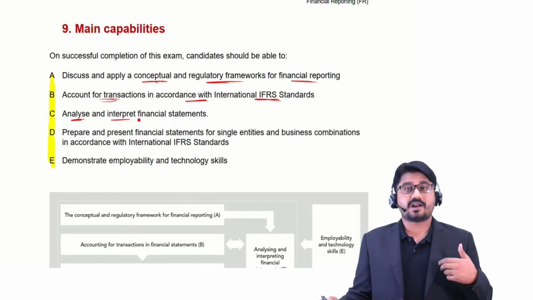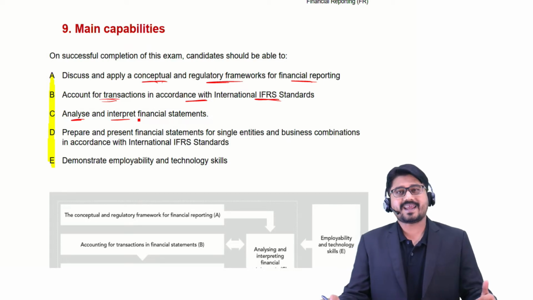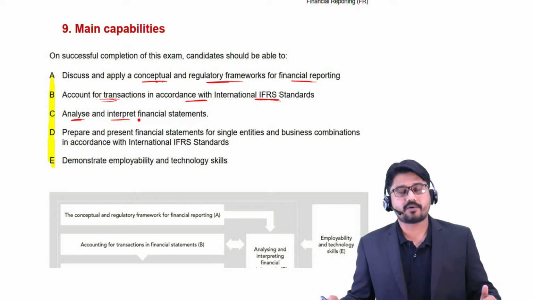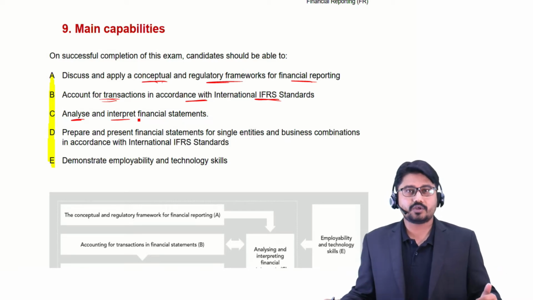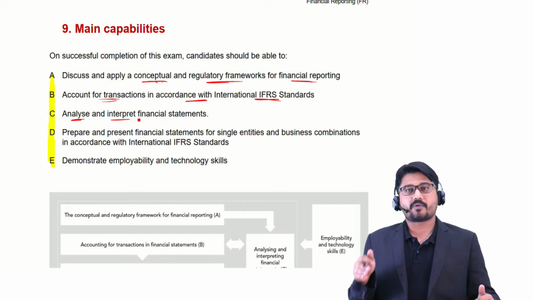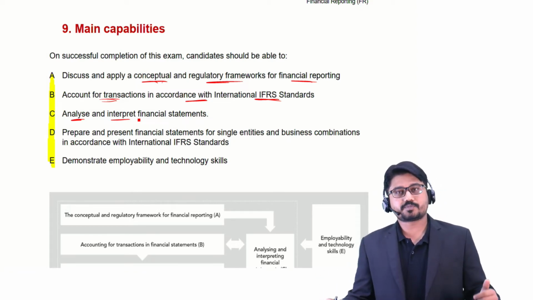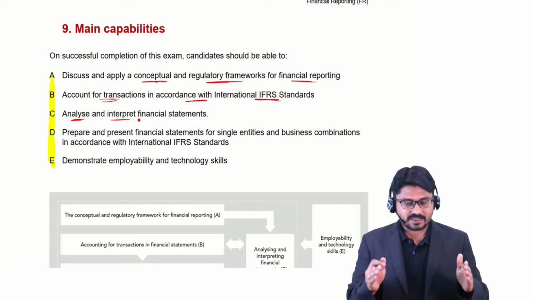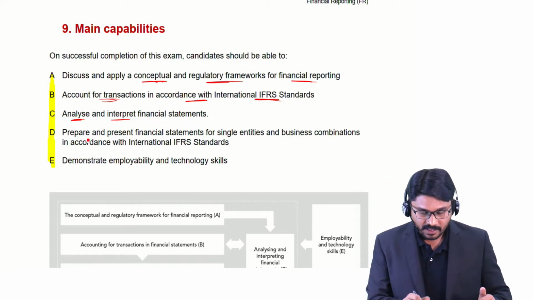For example, there are ratios like gross profit margin, net asset turnover and return on capital employed. What's the purpose of these ratios, and how are they useful in comparisons with budgeted performance, with the previous year's performance, and with the competitors' performance? These types of things are categorized under part C of the syllabus.